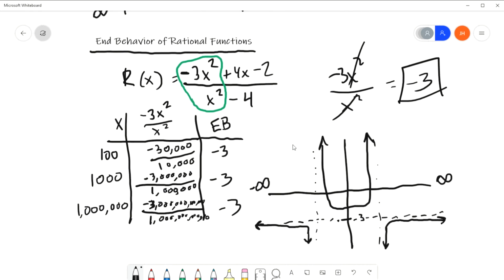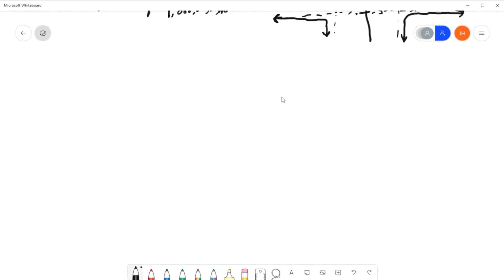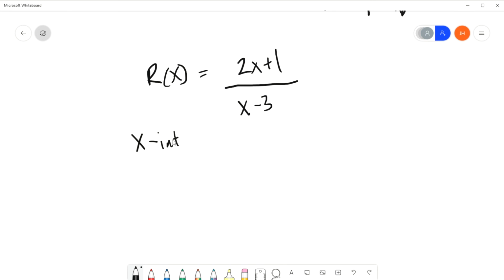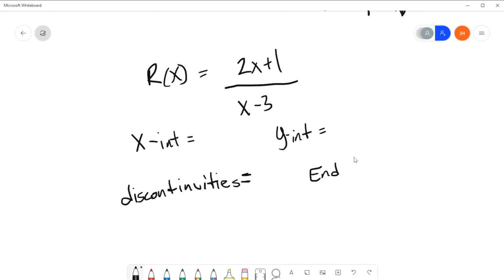So for example, if I had this rational function here, r of x is equal to 2x plus 1 over x minus 3, I can identify all of the various features of this rational function, such as the x-intercept, the y-intercept, any discontinuities, and the end behavior.